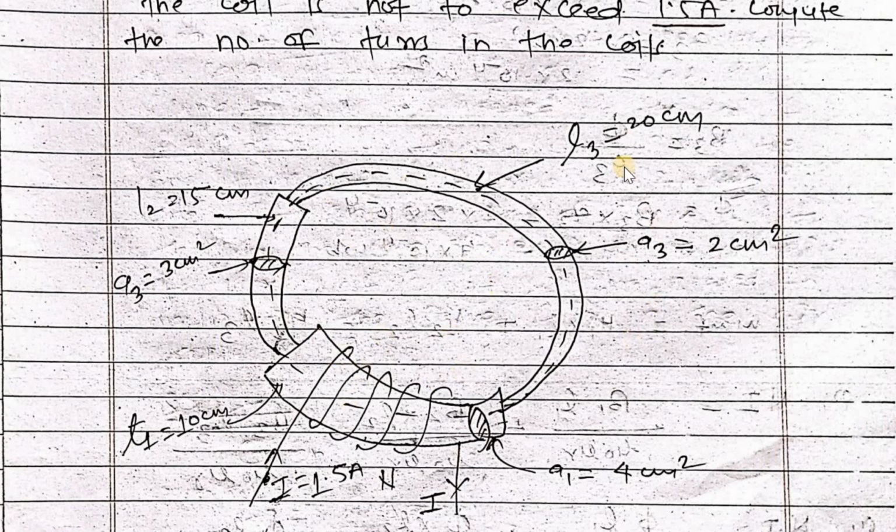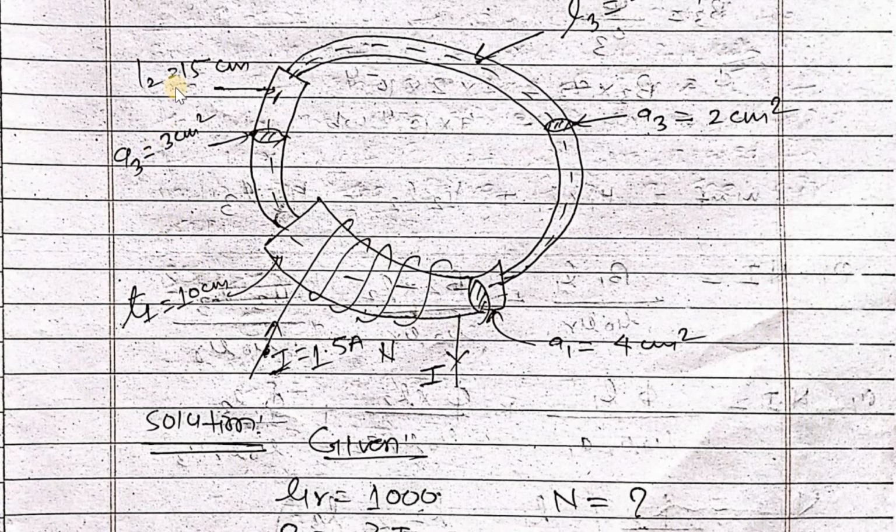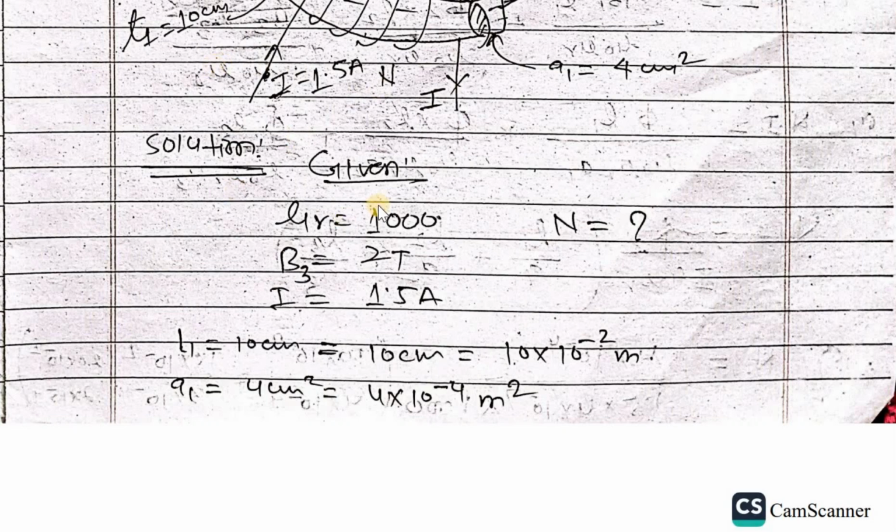And these are all the lengths given: length L3, area A3, A1, and L2, A2, L1, everything. The sections are of different lengths and different cross-sectional areas, but their flux is the same.